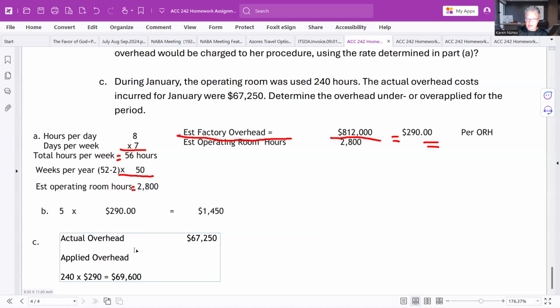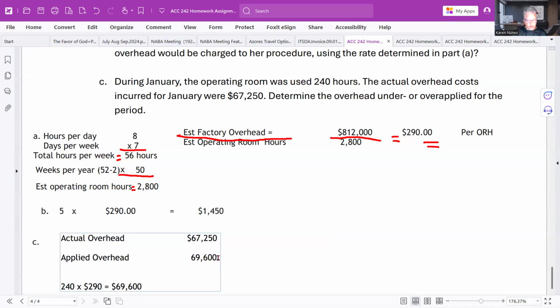That is the applied overhead, which means that we've applied too much.